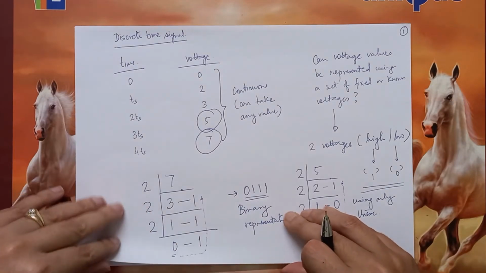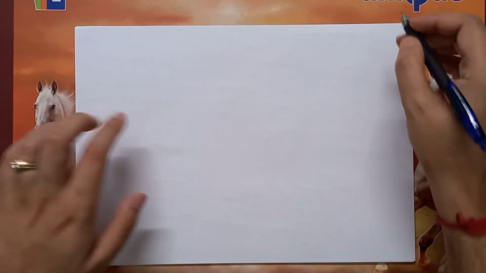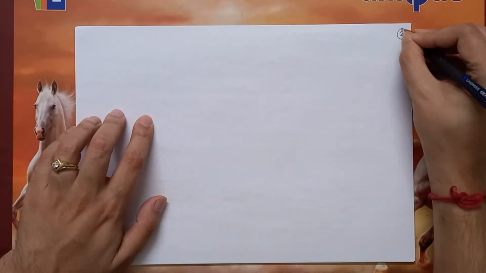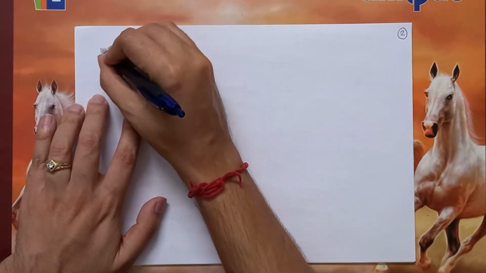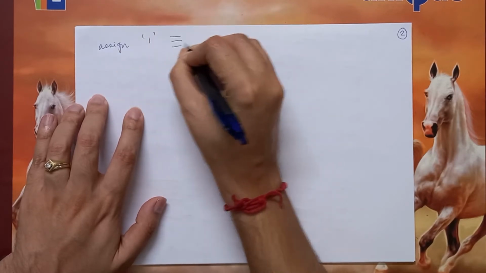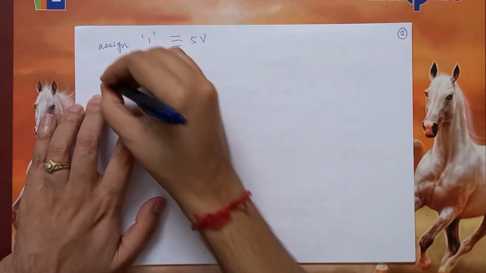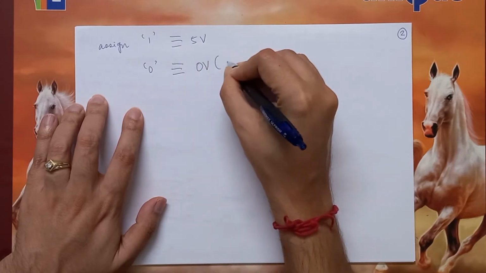So suppose I say that I am assigning 1 as 5 volts and assigning 0 as 0 volts or ground.